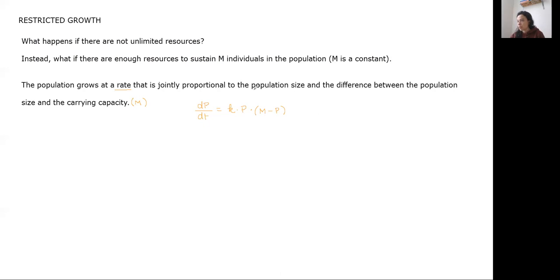The population size is P, and the difference means minus between the population size and the carrying capacity. I'm putting a lot of emphasis on how you need to read these statements, because the first problem that you're going to have for this section in the class is to actually model the problems based on the instructions. All right, so we have this model. Does everybody understand how this model was created? If you do, please raise your hand.